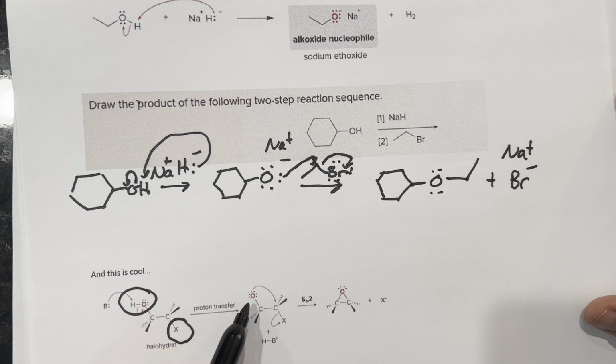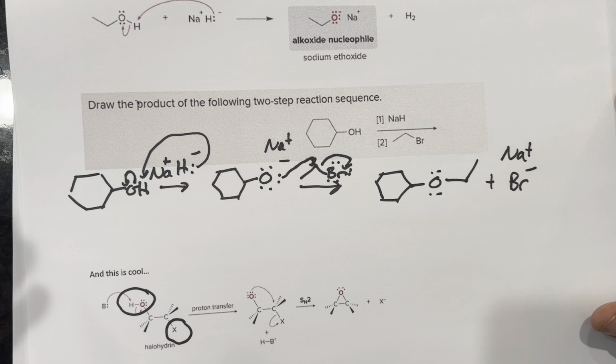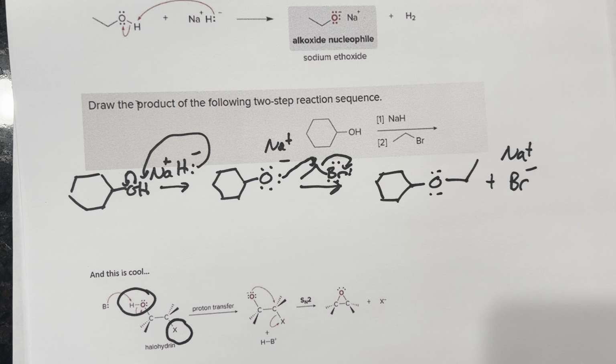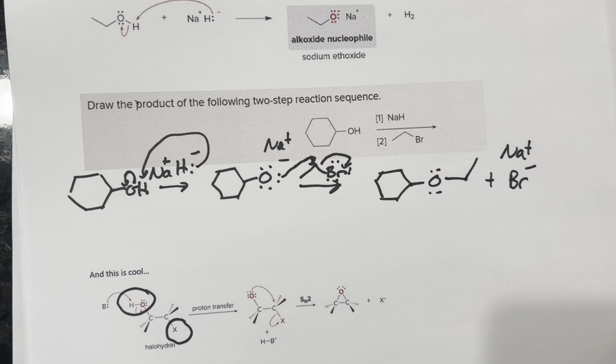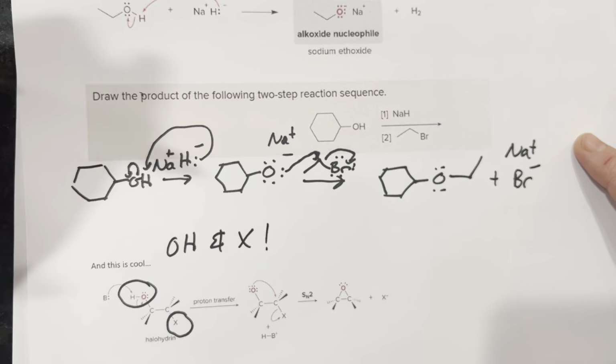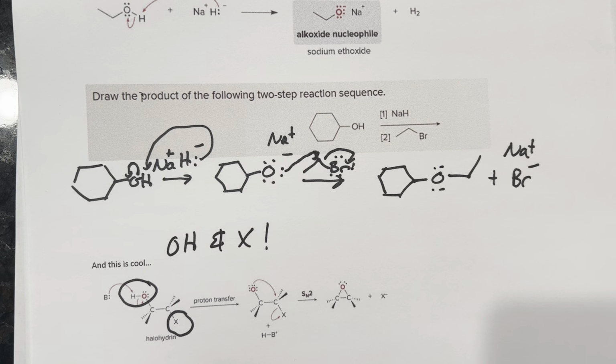And it's like, hey, I can do my own SN2 reaction. And it comes down, it grabs this carbon, and it knocks that halogen out of the way, and you get an epoxide. So we'll do an example here in a little bit to make sure you haven't forgotten that. But the big hint on this is you've got an OH and an X on adjacent carbons.